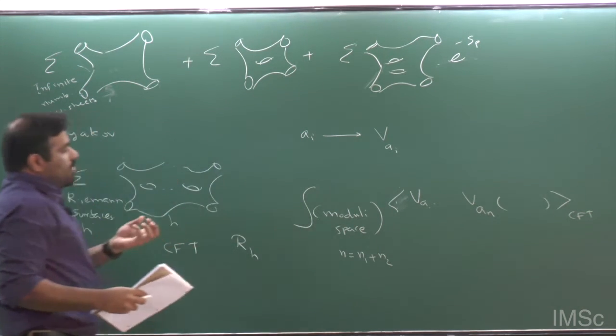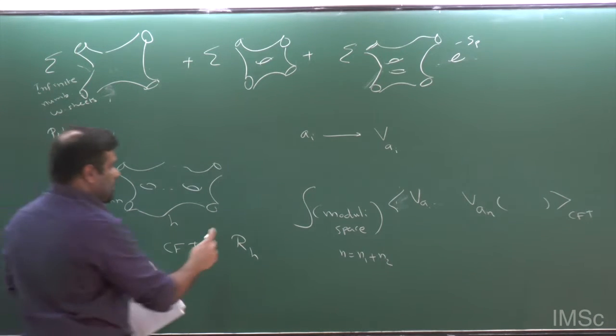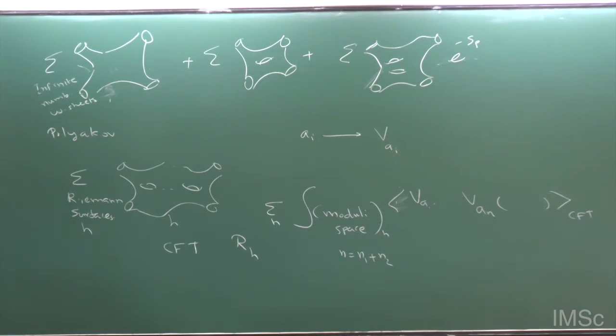Moduli space for a particular Riemann surface having particular number of handles, and then sum over the handles. So this is the way you compute a scattering amplitude for the scattering of n number of external string states.